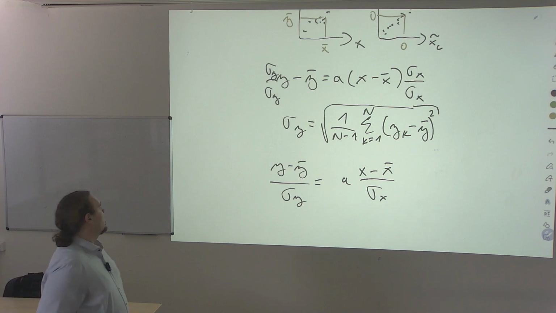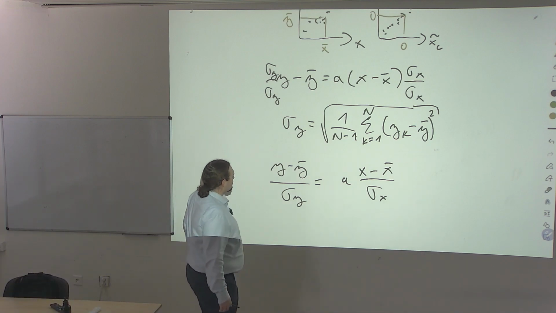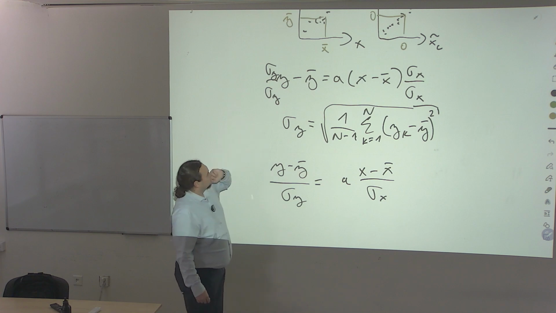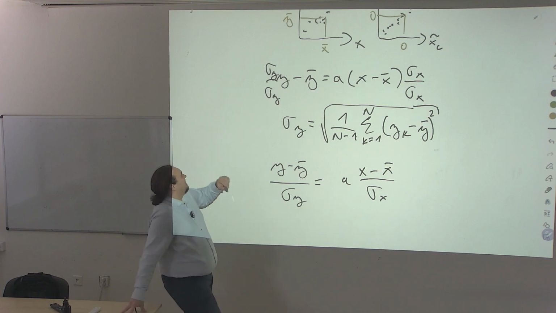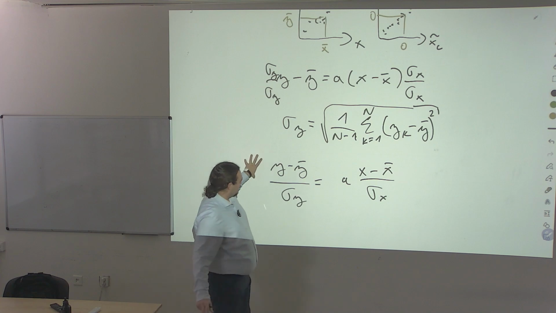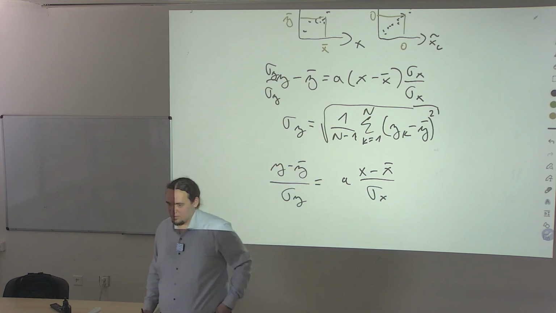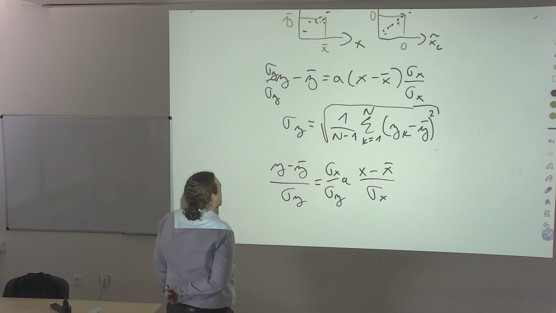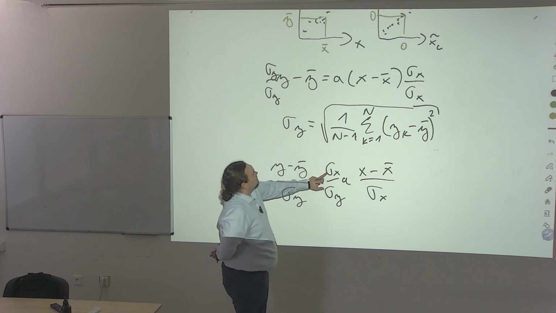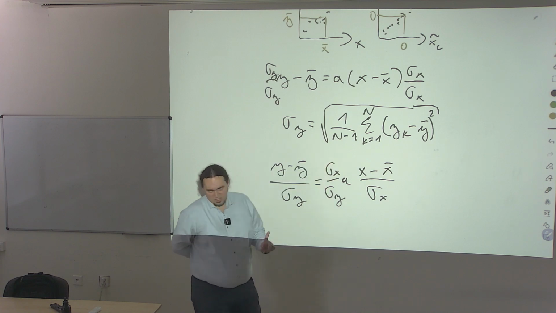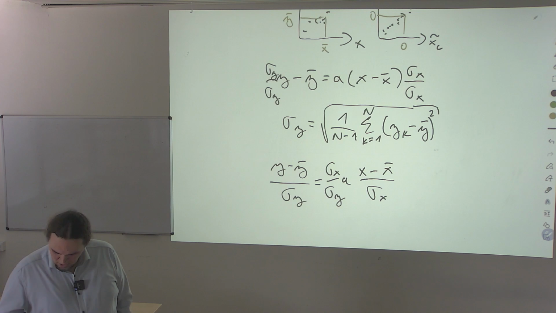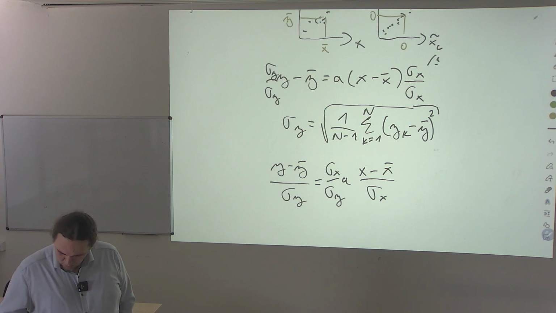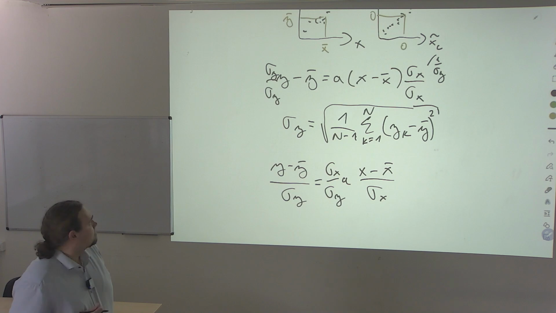Good. This is what we want. And what do we have left? We need to have the sigma y in the denominator, and there will be some factor. We didn't need to divide by sigma x, it just stays here. So we just do 1 over sigma y.